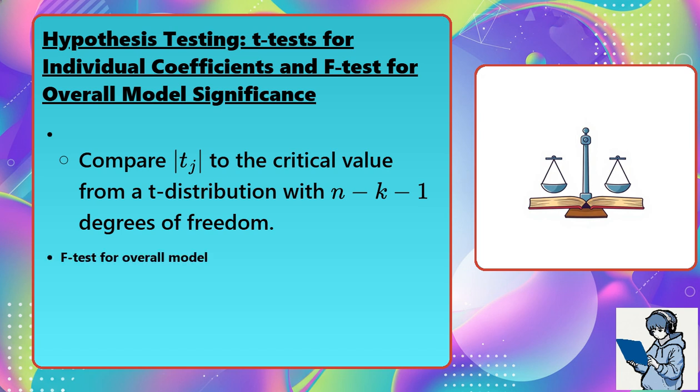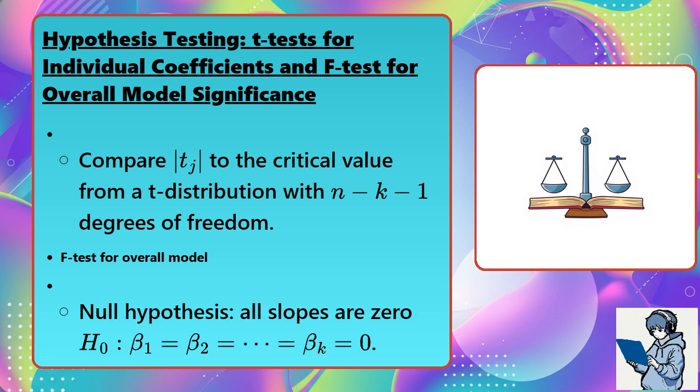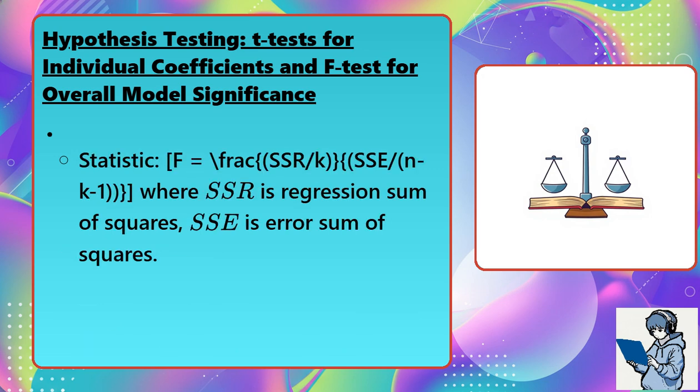F-test for overall model. Null hypothesis: all slopes are 0, H0: beta 1 equals beta 2 equals beta k equals 0. Statistic: F equals SSR over k divided by SSE over n minus k minus 1, where SSR is regression sum of squares and SSE is error sum of squares.